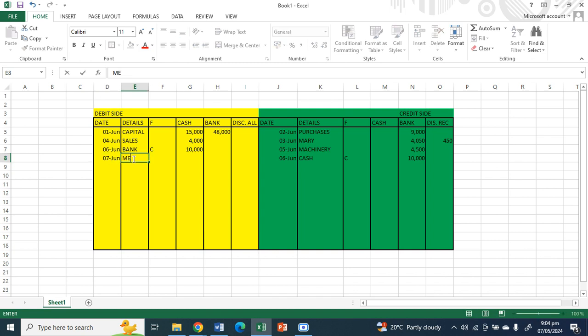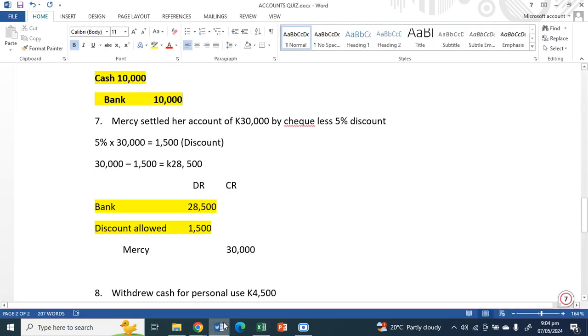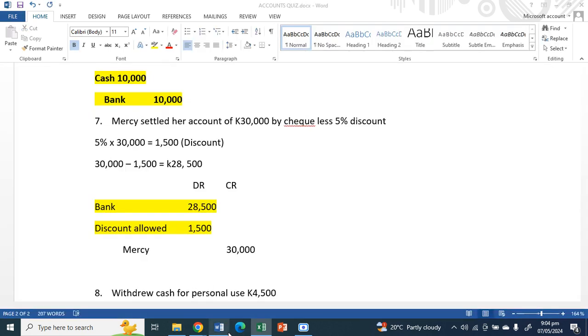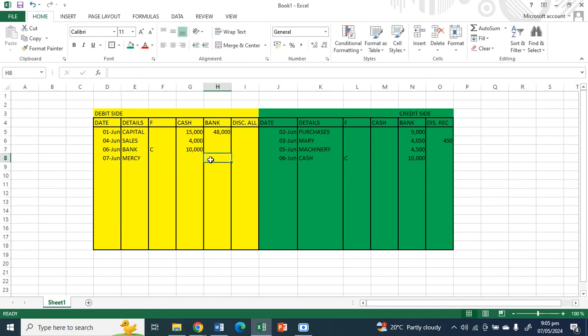Details Mercy, 28.5 and discount allowed on 5. So bank 28,500. Discount allowed 1,500.